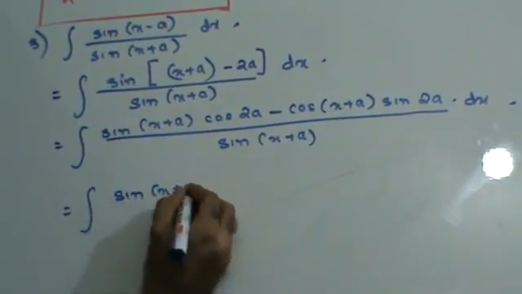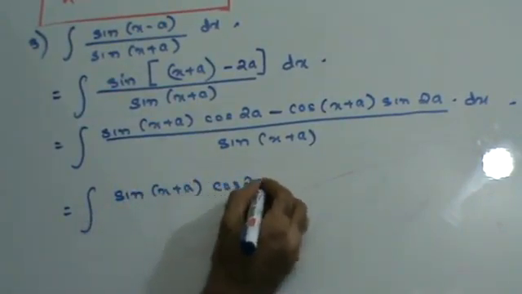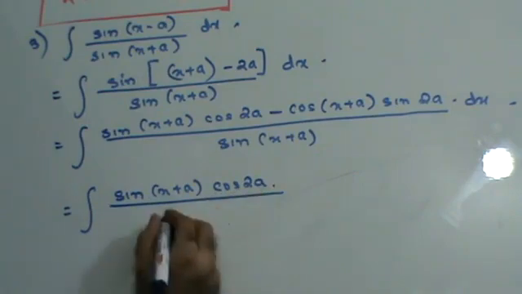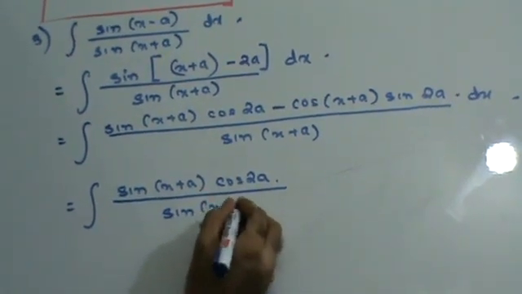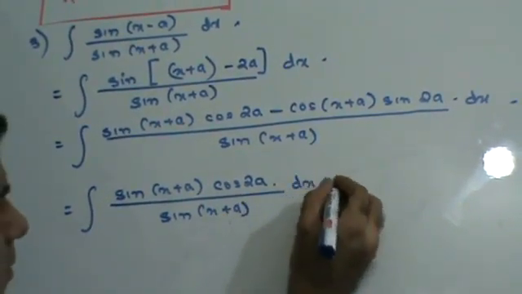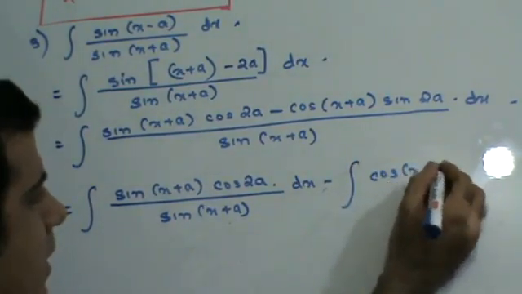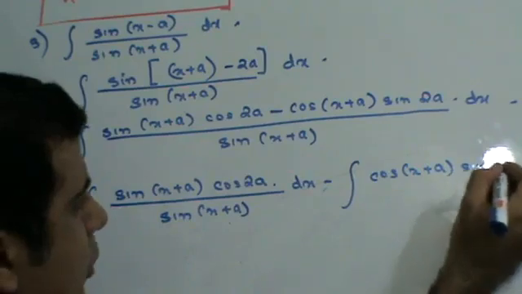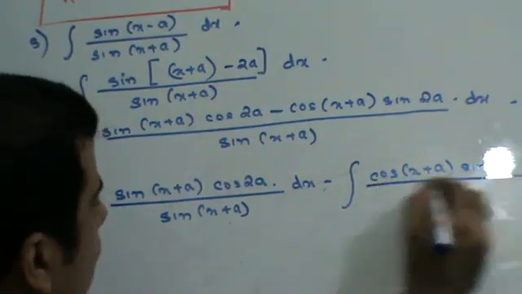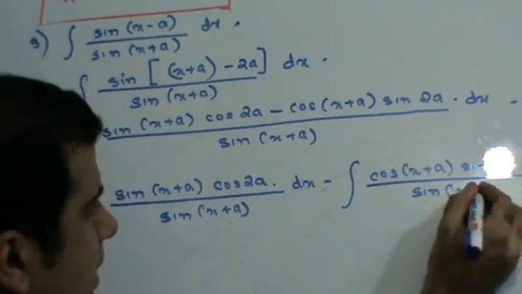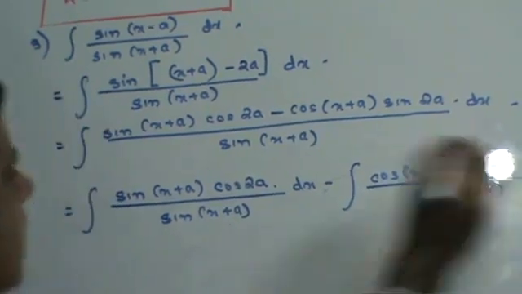Integral of sin x plus a cos 2a upon sin x plus a dx minus integral of cos x plus a sin 2a upon sin x plus a dx.